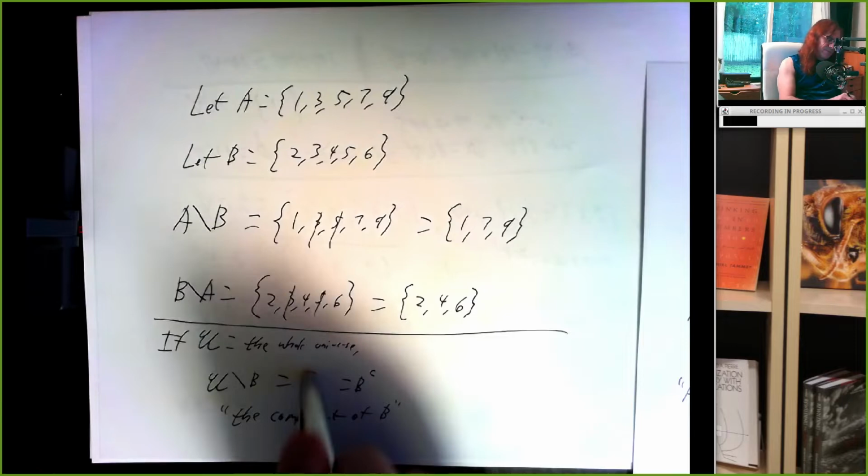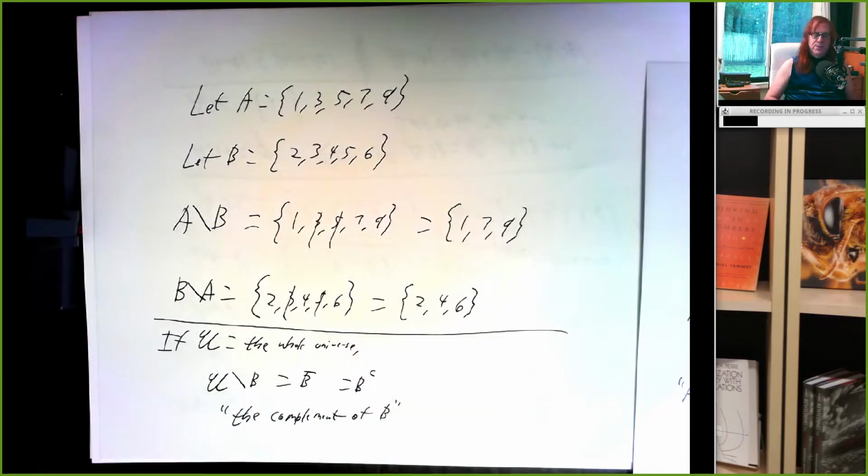And we can write it as a B with a bar on top. Or in the book, sometimes B with a superscripted C after.